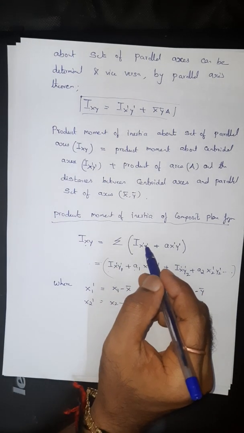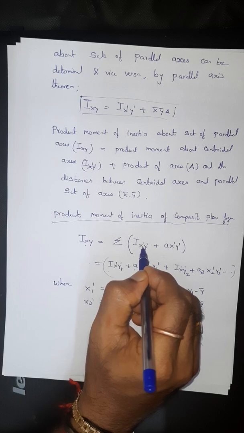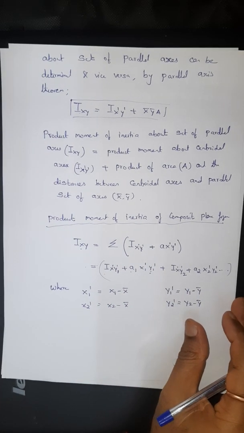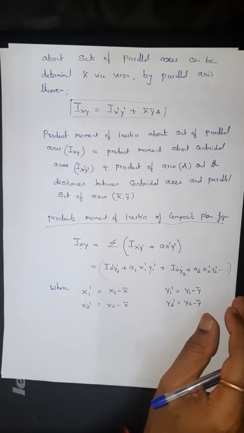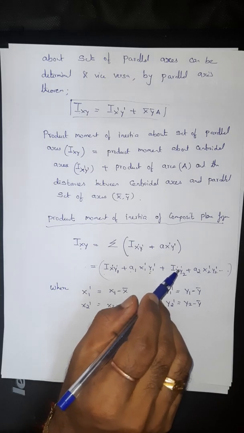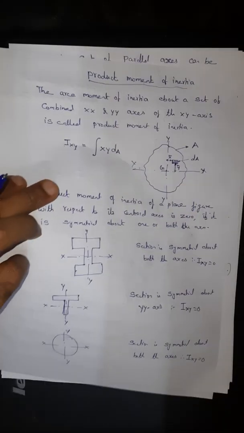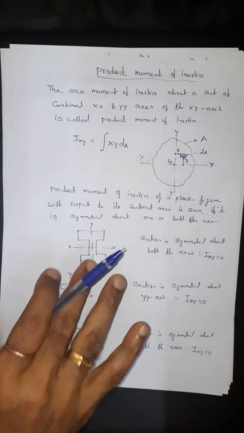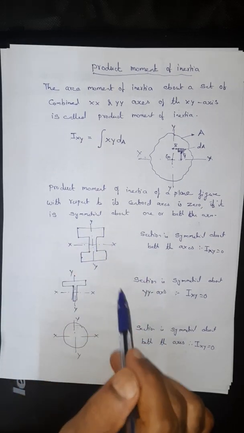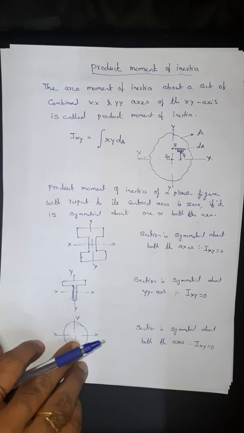So if the centroidal product moment Ix dash y dash is symmetric about any one of the axes or both the axes, then that becomes 0, which I explained to you, isn't it? Just keep it in mind. If you know the given section is symmetric about any one of the axes or both the axes, then Ix dash y dash becomes 0.